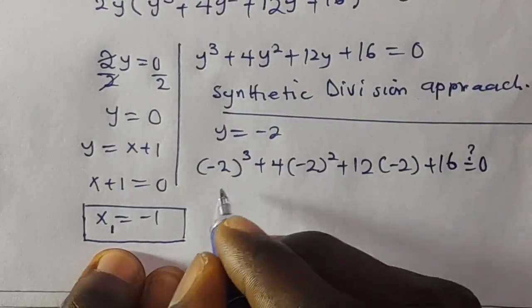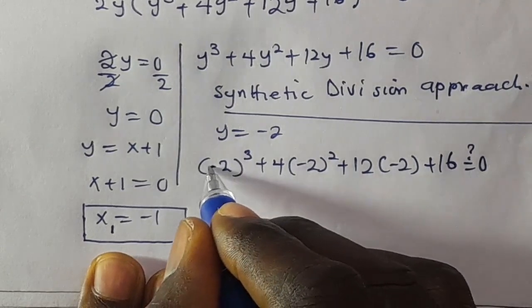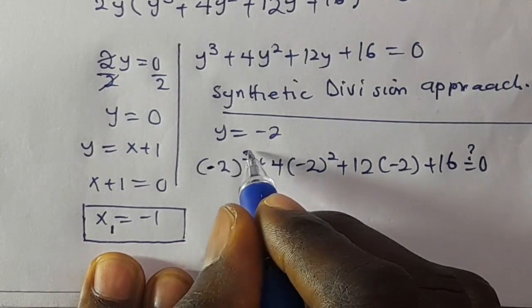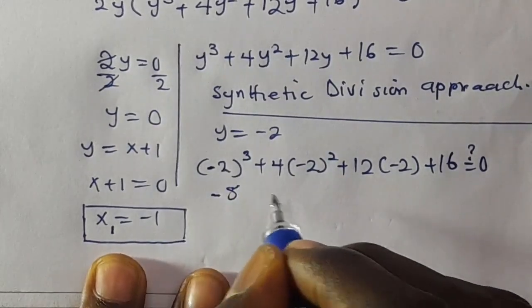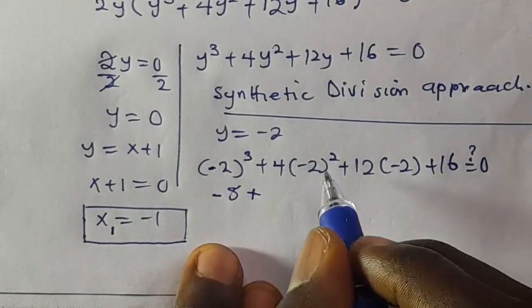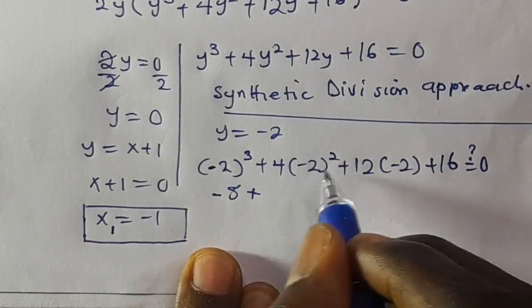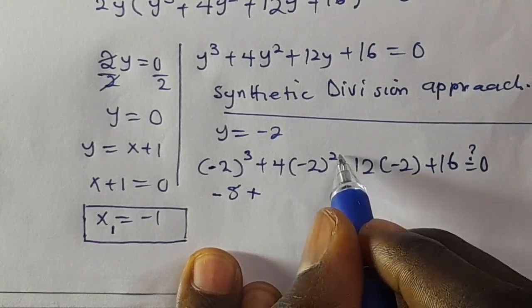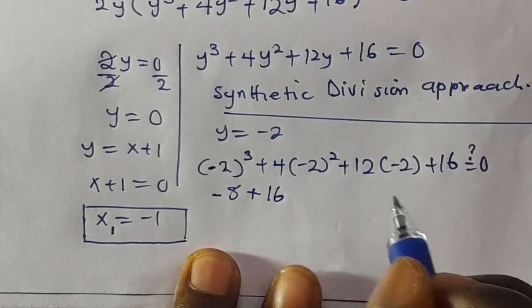So from here, -2 raised to power 3, we have it to be -8. Then we have -2 raised to power 2, we have it to be 4. 4 times 4, we have it to be 16.